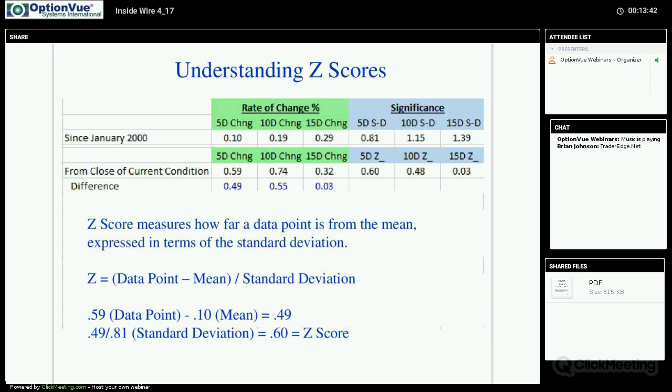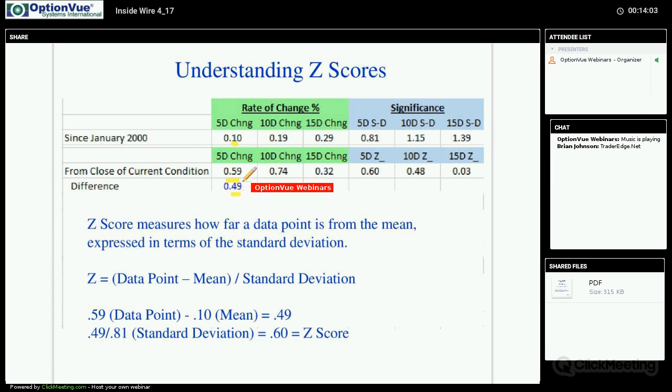And here's the most important slide of the presentation today. Look above here. From the close, we're just looking at those 41 incidences where we had an average 5-day change of 0.59. The difference from the base is 0.49.